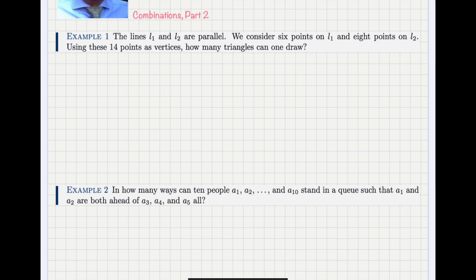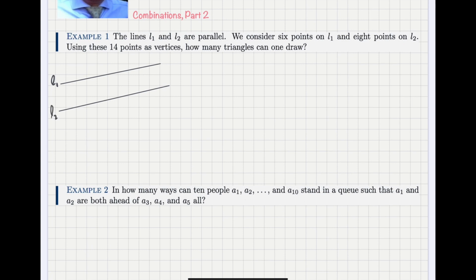Example 1. Consider the lines L1 and L2 that are parallel. We consider 6 points on L1 and 8 points on L2, so let me just draw a diagram. Here I have two parallel lines, let me call this one L1 and this one L2.